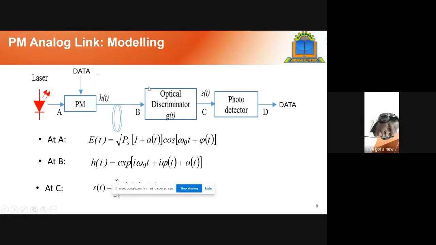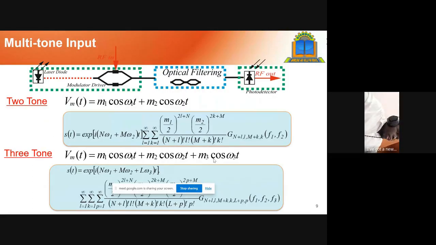Or if there is a signal flowing, try to use an arrow to show that this is where the signal is going, and so on and so forth. And try to use that kind of format. If you have equations, try to explain the equations in full. You don't need a lot of text.